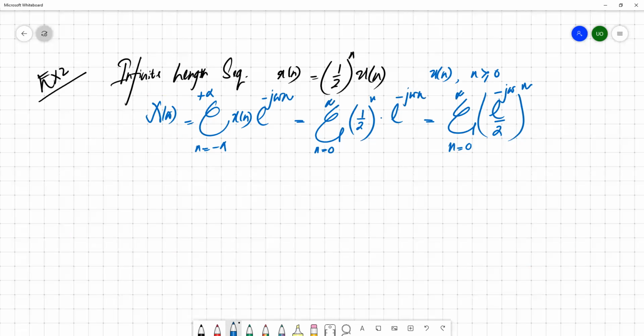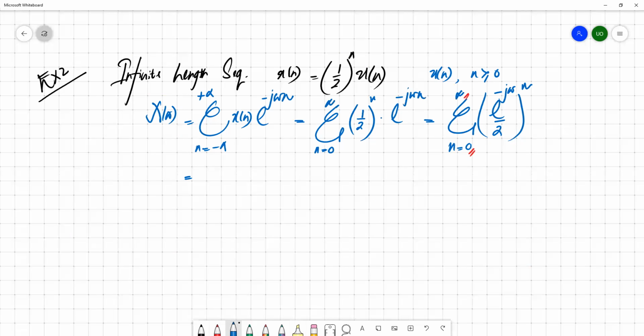This is again a geometric series, and you are asked to evaluate the sum of infinite terms, where n goes from 0 to infinity. Just apply the sum of this geometric series.